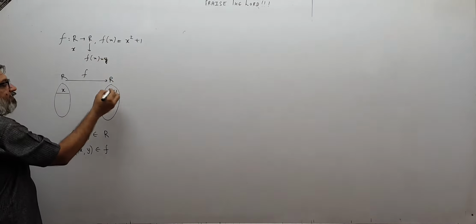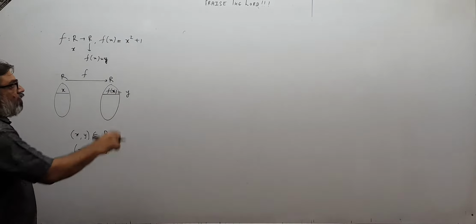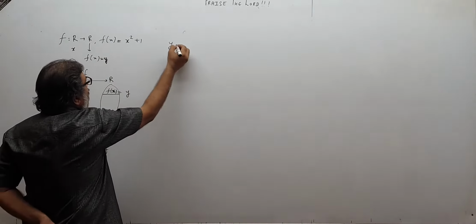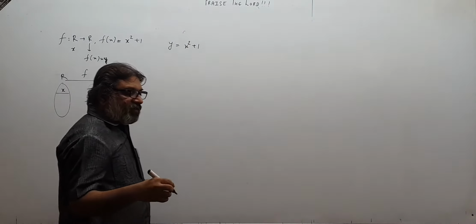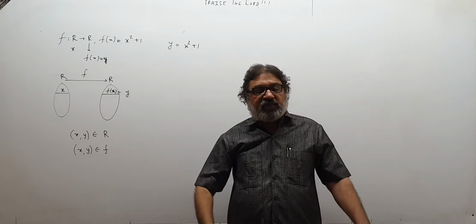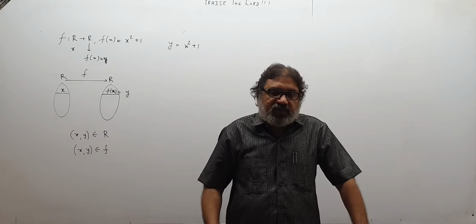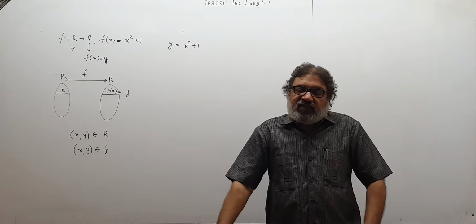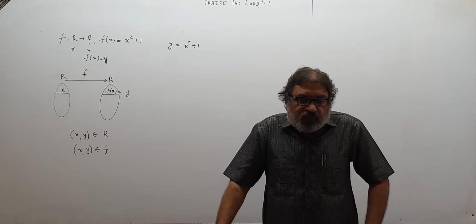So many times f(x) is written as y. So we write f(x) equal to y. So f(x) equal to y means I am having y equal to x square plus 1. Wherever there will be f(x), I can write it as y. So y or f(x), they mean one and the same thing. The values obtained from the second set are the values of the function. So f(x) is the value of the function, and that we can call y also.